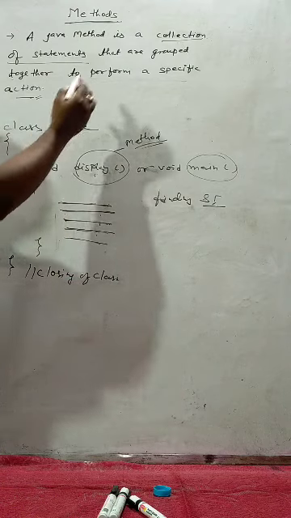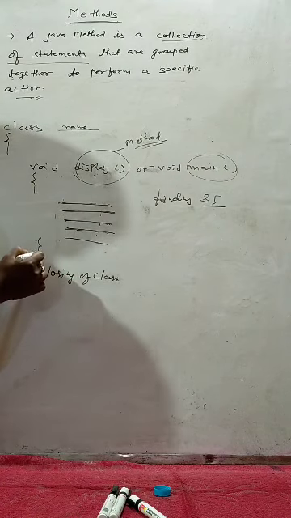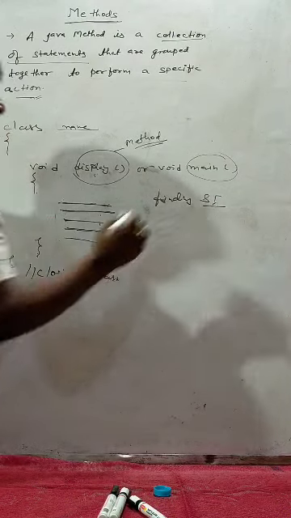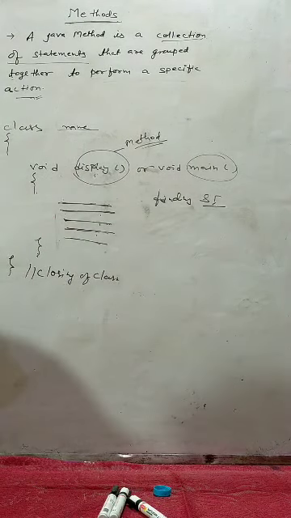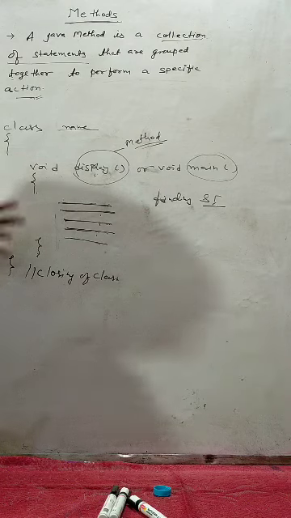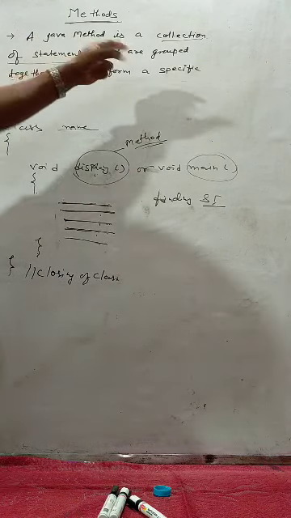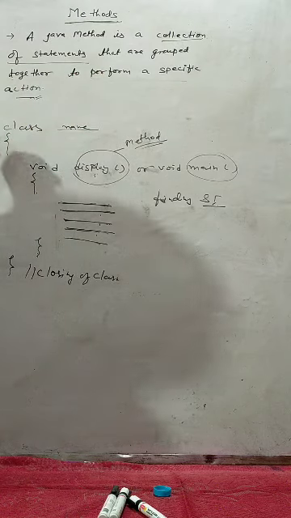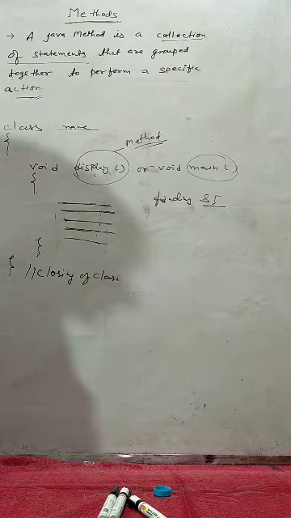Therefore, we can say that these statements are grouped together to perform a specific action, and that specific action is to find the simple interest. Got it? So this way we can say that a method is a collection of statements that are grouped together to perform a specific action. Write this example.